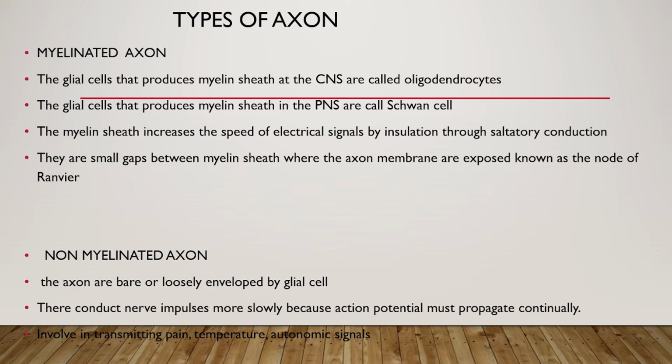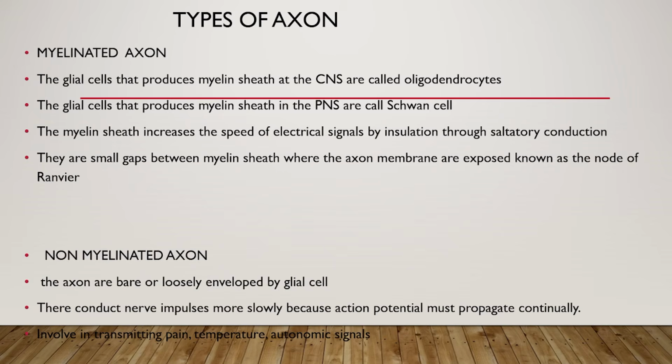Now, the neuroglia that produce myelin sheath in the CNS, the central nervous system, are called the oligodendrocytes, while the ones that produce myelin sheath in the peripheral nervous system are called the Schwann cells. The myelin sheath increases the electrical signal by insulation through saltatory conduction.